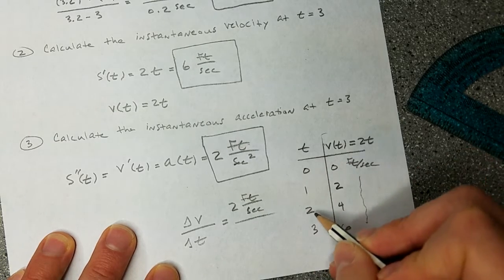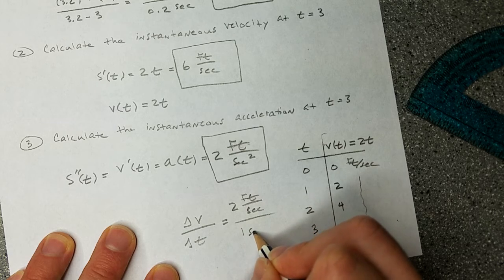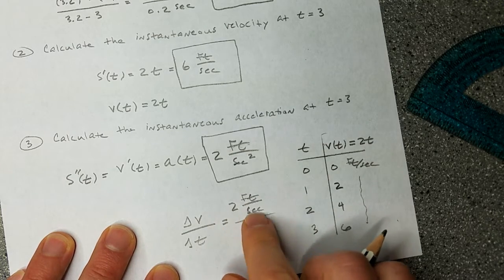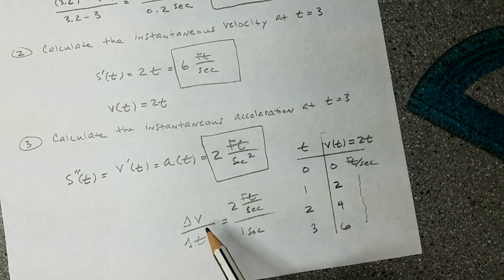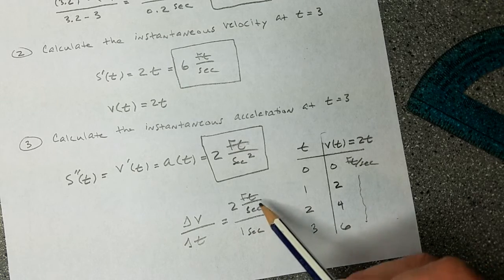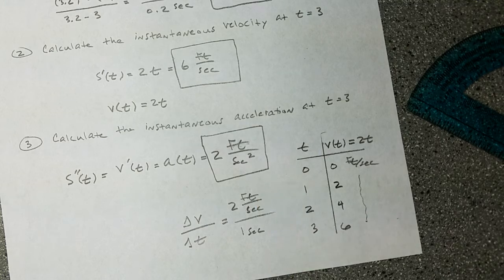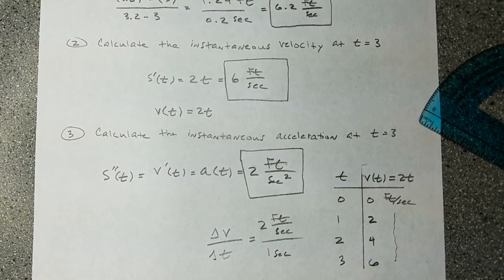For every, how's the time changing? 1 second. So 2 feet per second per second. We write that as 2 feet per second squared. We do a little math with the units and we get second squared. That's the reason it works out that way.